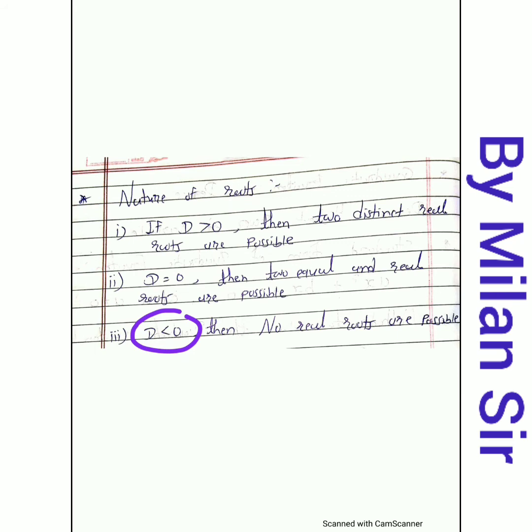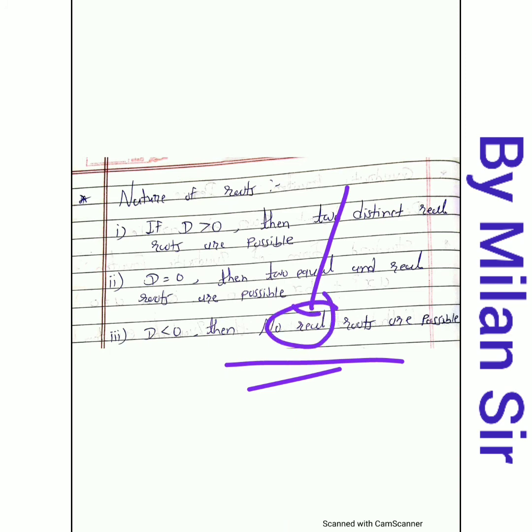In that situation we can find imaginary roots, but right now it is not in our syllabus. You need to notice one thing: no real roots does not mean that no roots are possible. Roots are possible, but they are imaginary. So we need to write: no real roots are possible. The word real is necessary.